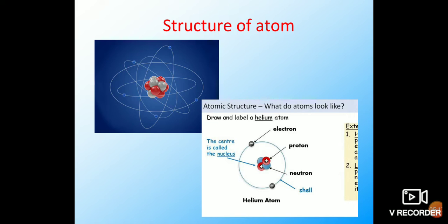Suppose white colors are supposed to be proton, then red colors are supposed to be a neutron. Protons are positively charged and neutrons are chargeless. So this is the central part, and that part is called as the nucleus. And thus the nucleus is positively charged, and around that electrons are revolving.